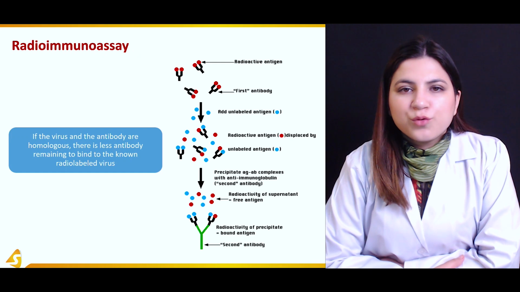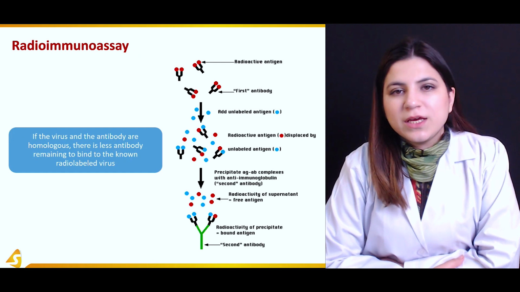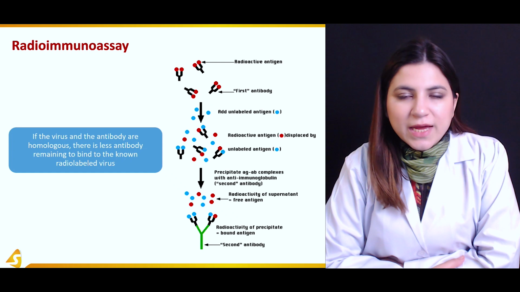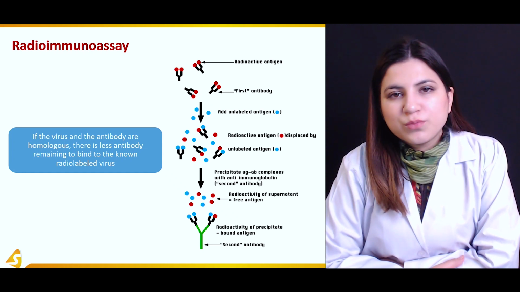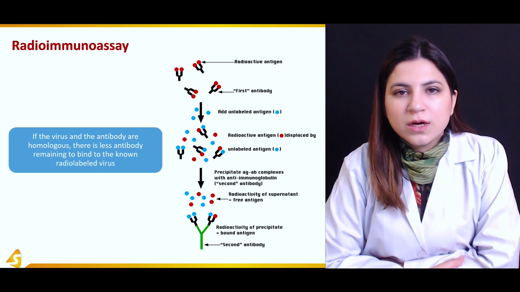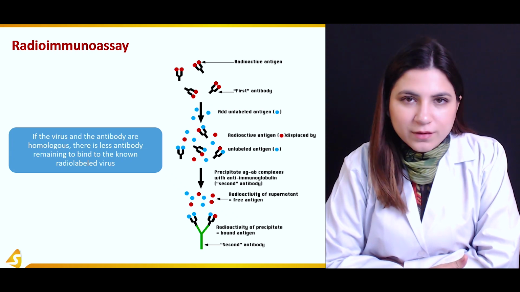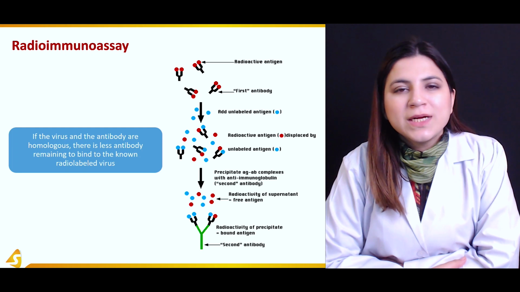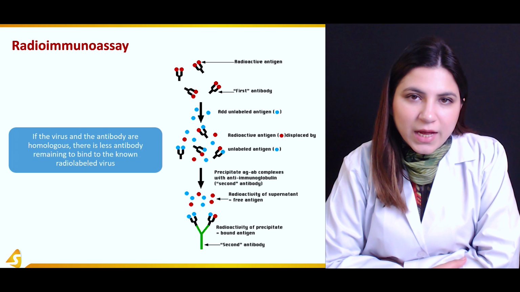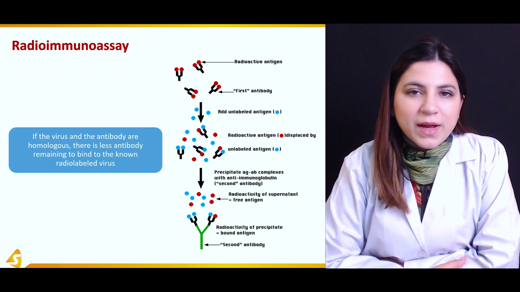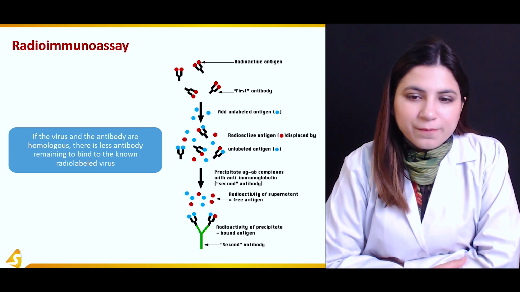So, radioimmunoassay is basically a technique in which a radio-labeled antigen is bound to an antibody. And if there is a presence of a homologous antigen or the virus inside the cell, then that virus will actually displace the radio-labeled antigen and will bind itself to the antibody.